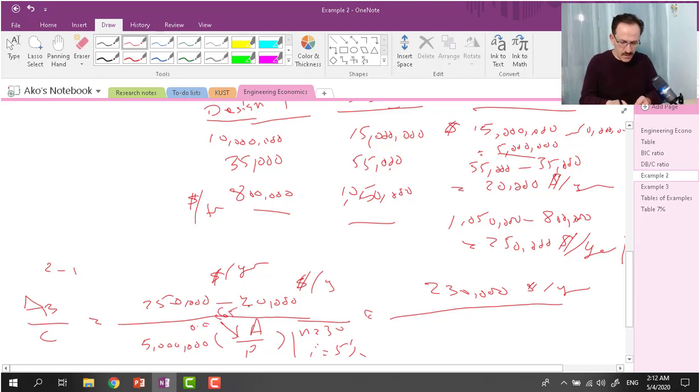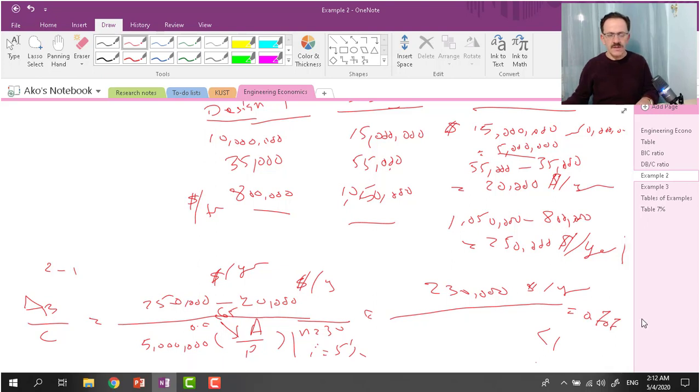Yes, so 5,230,000 divided by 0.065 divided by 5 million, the total result is equal to 0.707, which is less than 1.